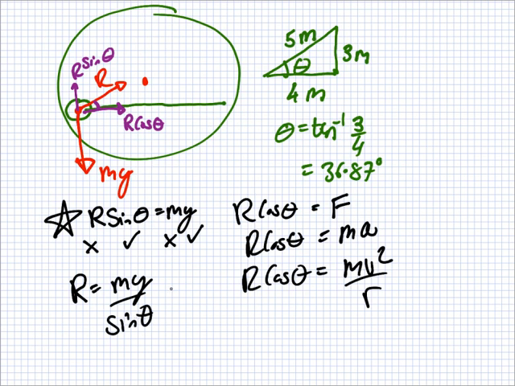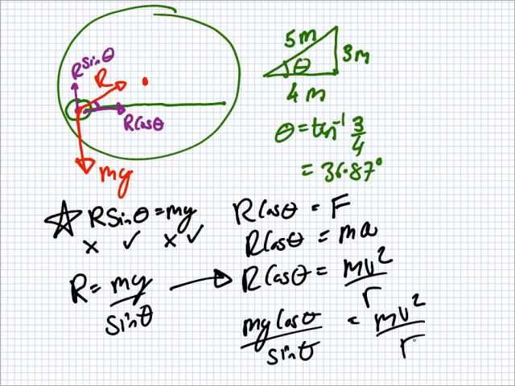Right? And I can put that in there. So I get mg cos theta over sine theta equals mv squared over r. Now this is good because what can I cancel on the left and the right here? The m's go. Do I know g? Yeah. Do I know cos? Yeah. Do I know sine? Yeah.